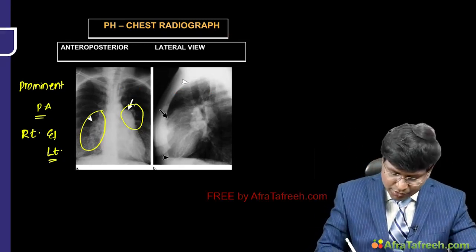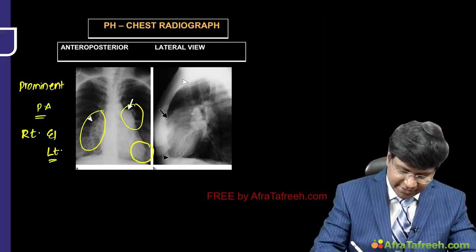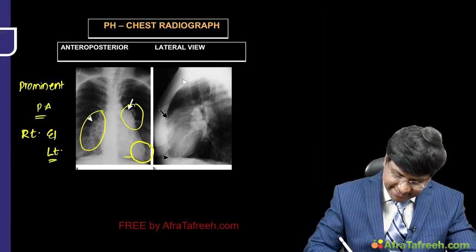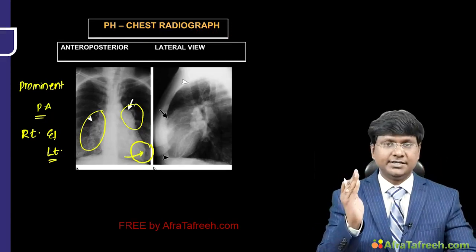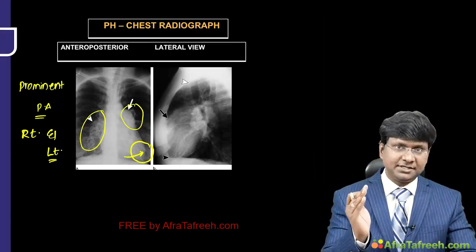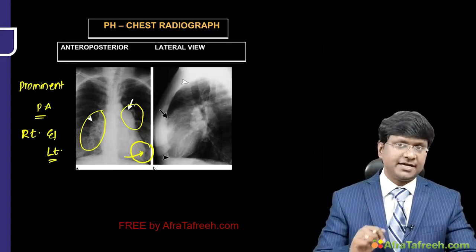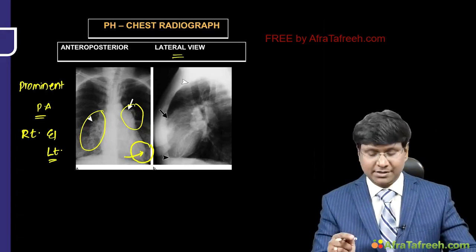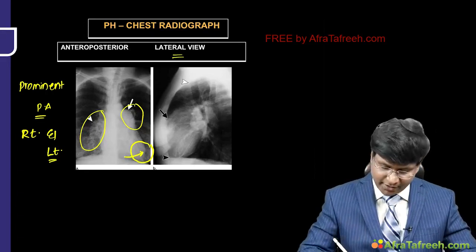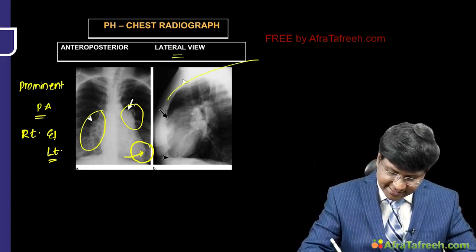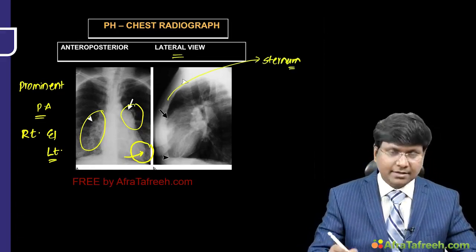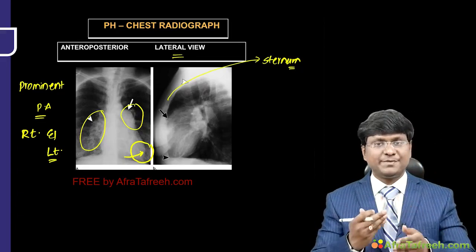And you will also notice that if you see the apex of the left ventricle, it is slightly upturned. That is what you will see in patients with right ventricular hypertrophy. And in the lateral view of the chest X-ray, in patients with right ventricular hypertrophy, you will notice that this is the sternum, and normally you have a retrosternal space.